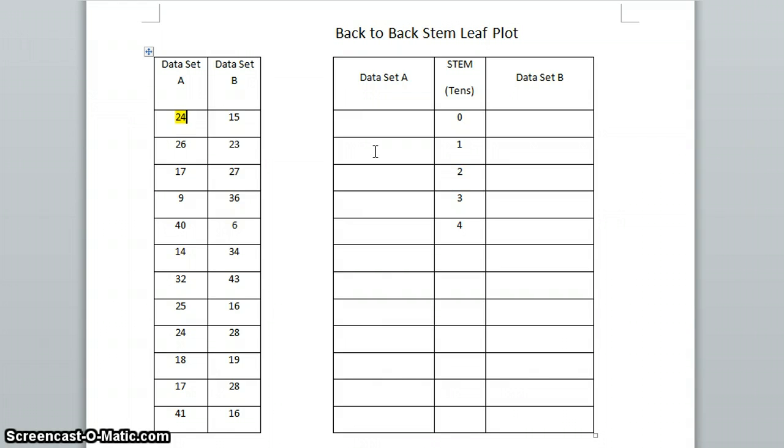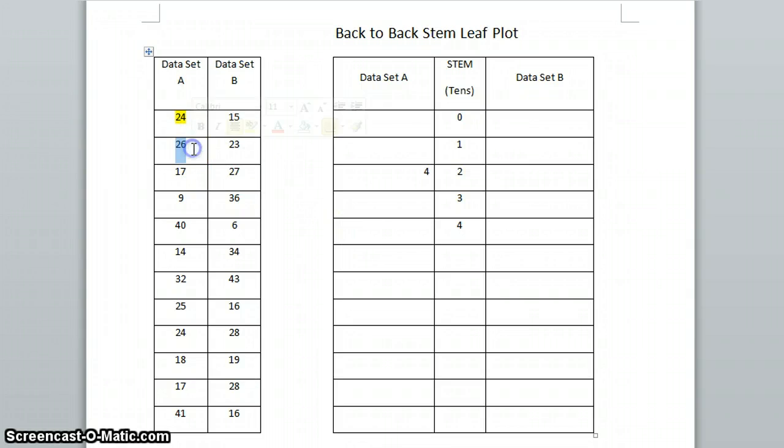If you're using Word, like I am, you could highlight it. So this is in the 2 tens column because it's 24, and I'm going to type in 4. So if you read that backwards, it is 24.